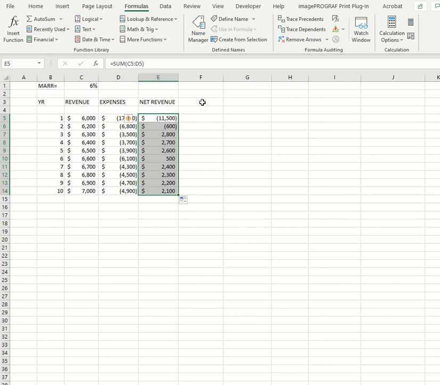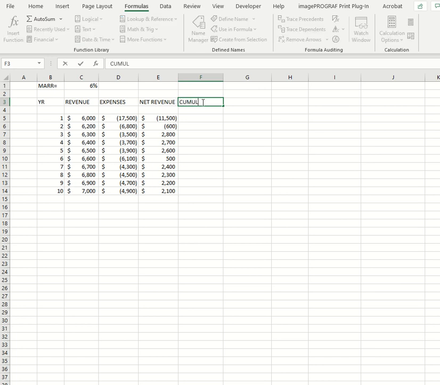First thing we're going to do is I'm going to find the payback period, and we have to get the cumulative values. The cumulative cash flow.